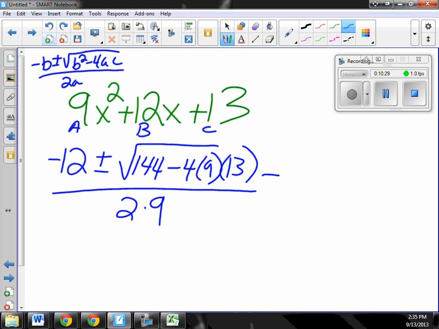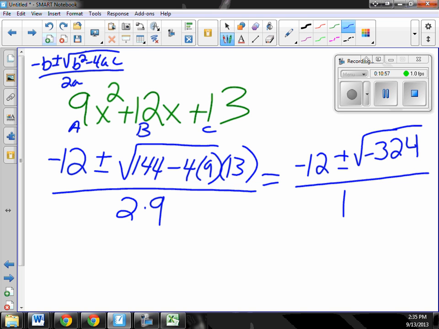So negative 12 plus or minus, what is 144 minus all of that? 324. Oh, this is 324? Okay, so I'm right. Negative 324? Okay. Over 18. So is 324 a perfect square?